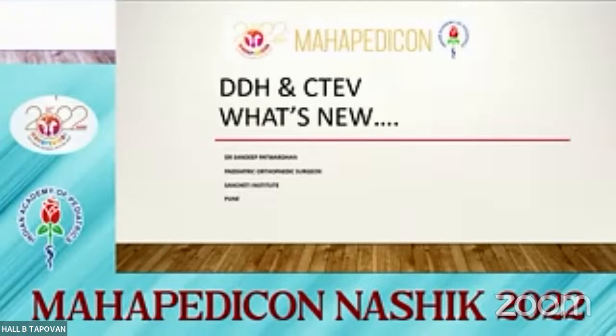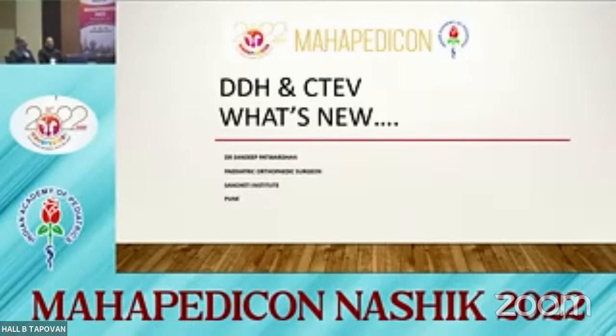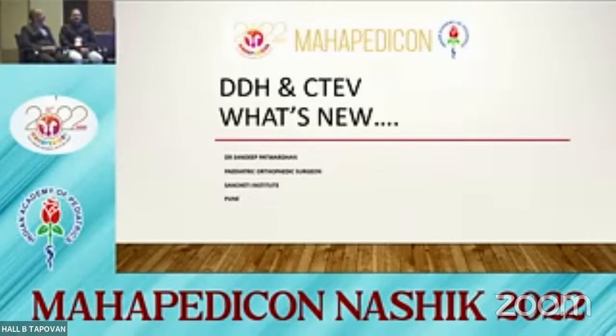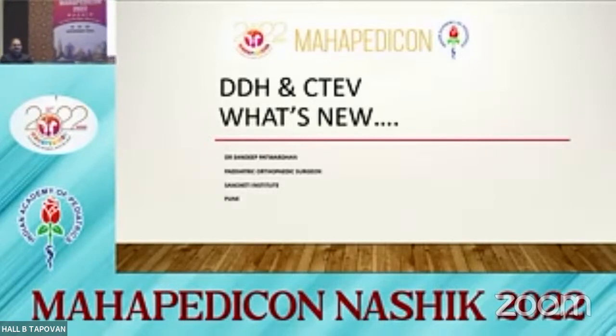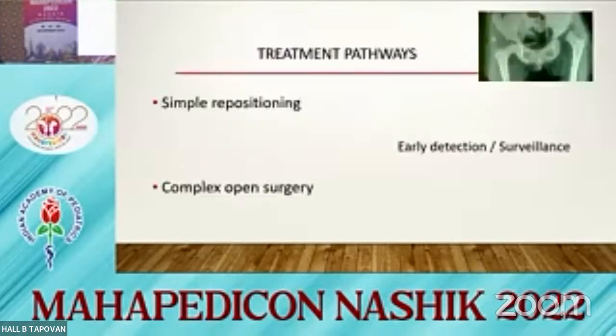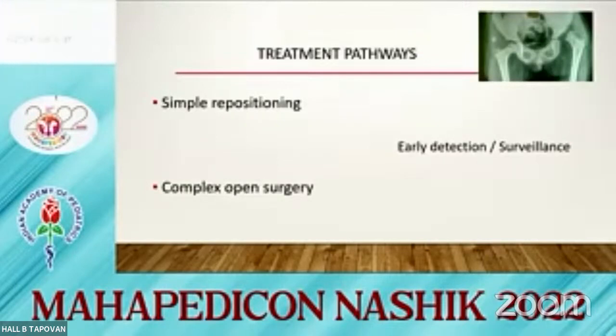So we have this session on the surgical section, and I was told by Dr. Patil, Dr. Sharmila, and Praful Bhai to talk on what's new in DDH and CTEV. And I thought that let me start by saying what's old. And what's old is the treatment pathways.